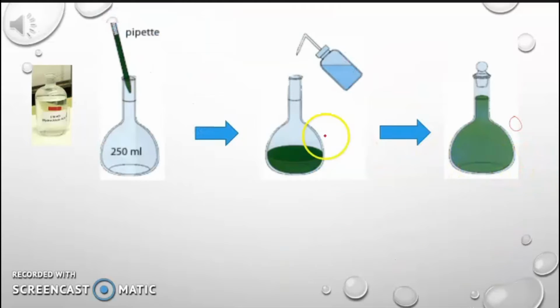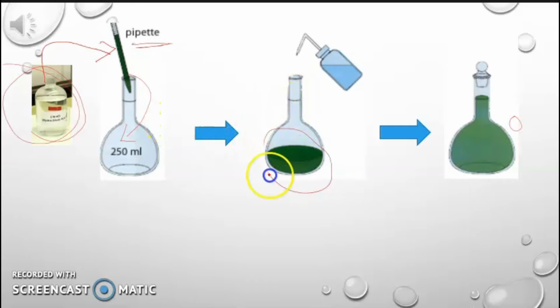So, how to dilute the stock solution? First, Alex needs to extract a small amount of the stock solution from this bottle using a pipette and then add it into the empty 250 ml conical flask. Next, Alex needs to dilute the stock solution with water as solvent.